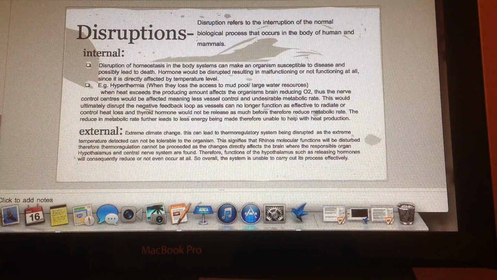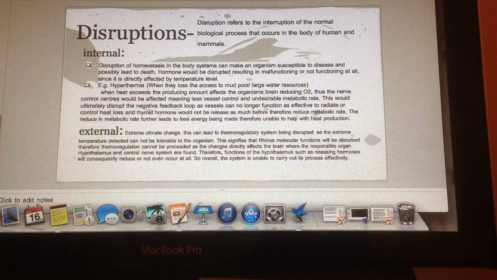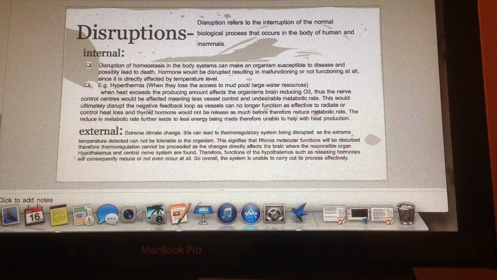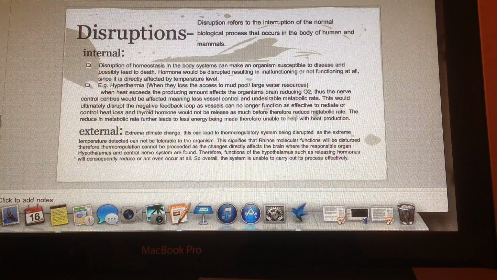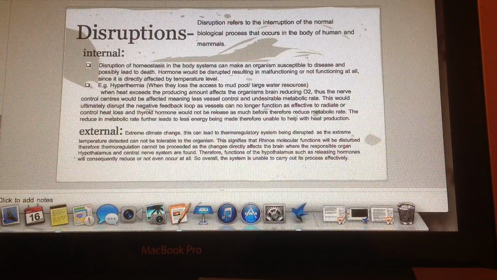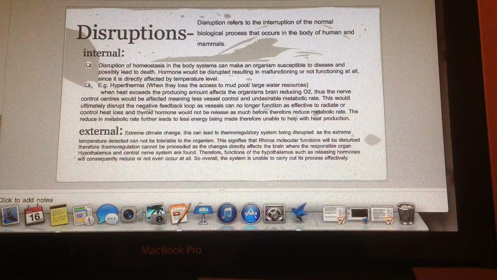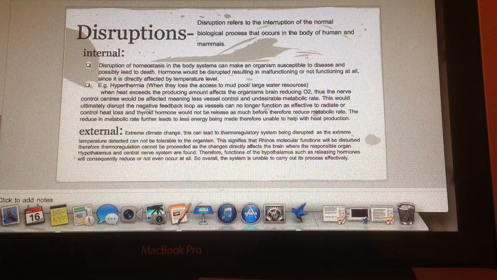This would ultimately disrupt the negative feedback loop, as vessels can no longer function effectively to radiate or control heat loss, and thyroid hormones will not be released as much as before, therefore a reduced metabolic rate. The reduced metabolic rate further leads to less energy being made, therefore being unable to help with heat production.